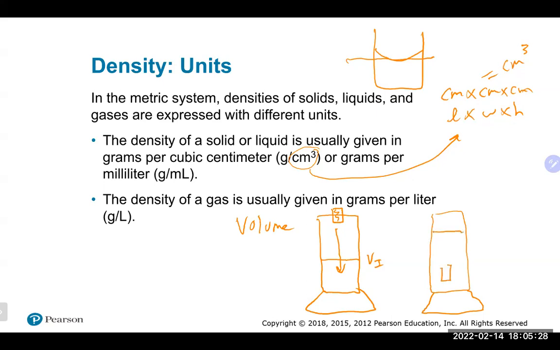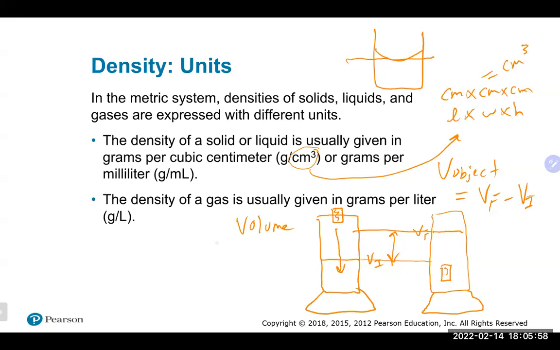And what will happen is as that solid goes in there, the volume will go up. And a solid object will basically displace a volume that's equal to its own volume. And we could very simply do a calculation to figure out the volume of the object by taking the volume where we ended minus the volume where we started. So this is a very simple approach to find the volume of the object, which is final volume minus initial volume.